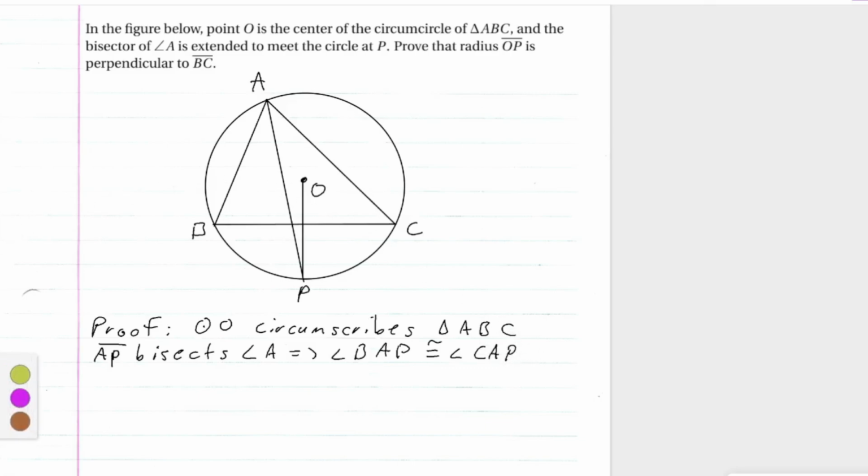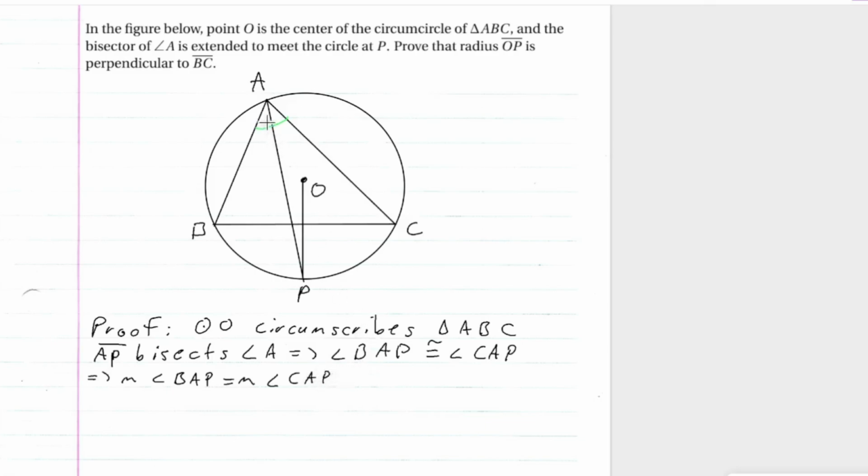Right? That means that these two angles are congruent. Well, of course, this implies that the measure of angle BAP is equal to the measure of angle CAP.